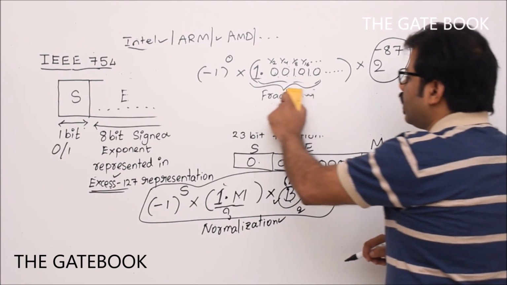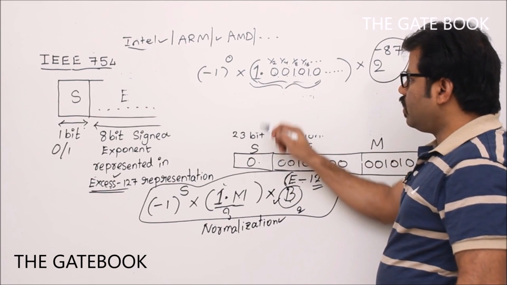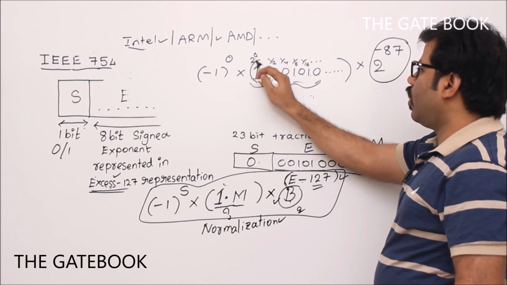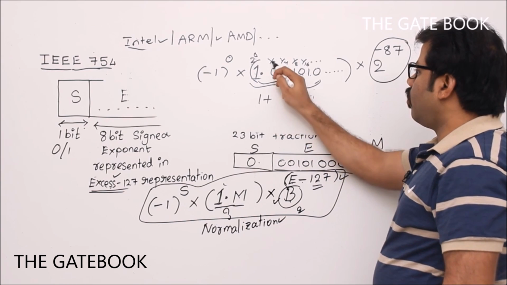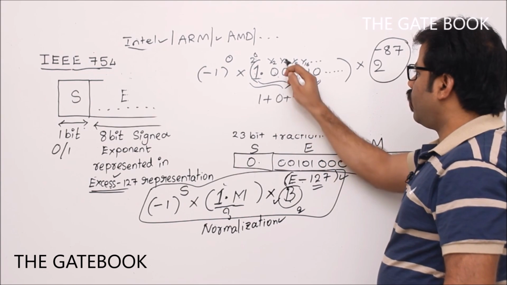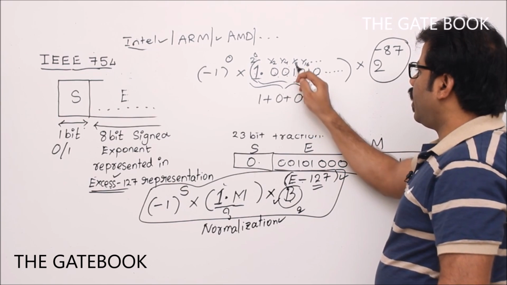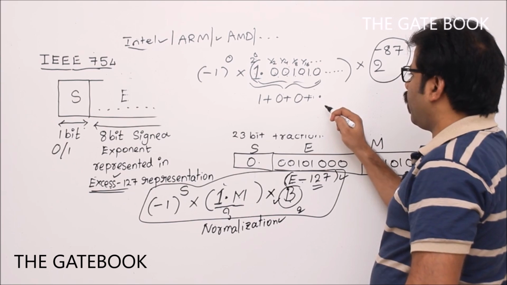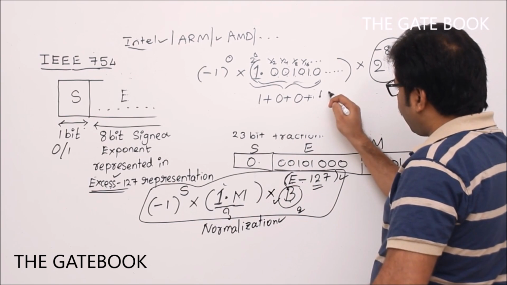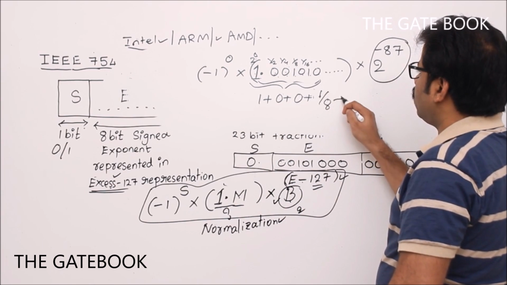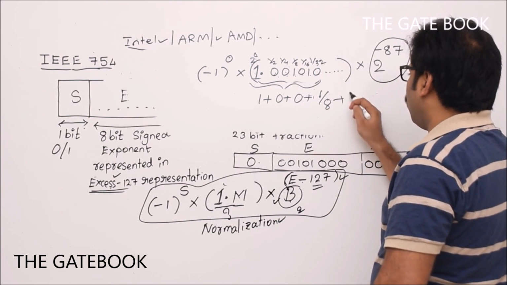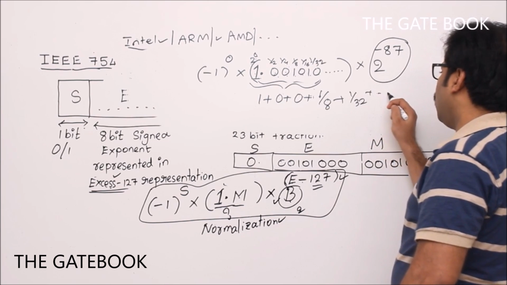The weightage of this one is 2 to the power of 0, which means 1. So 1 into 1, 1, plus 1 by 2 into 0, plus 1 by 4 into 0, plus 1 by 8 into 1. Let me keep 1 by 8 as it is. Plus 1 by 16 into 0, plus 1 by 32 into 1, 1 by 32. The remaining are all zeros.